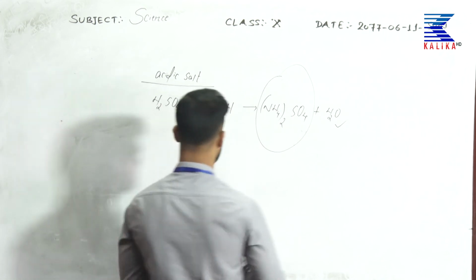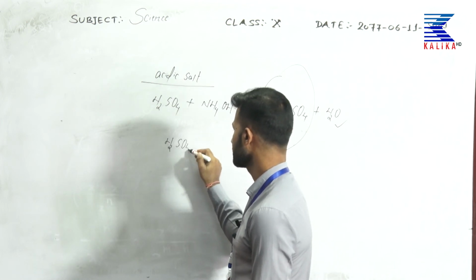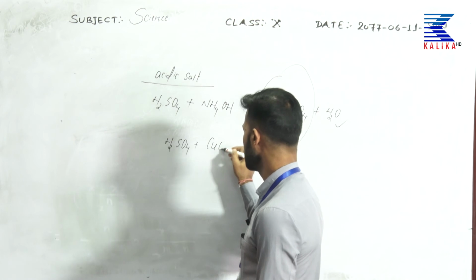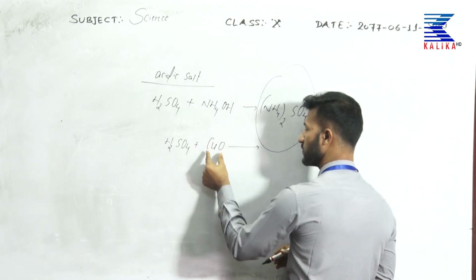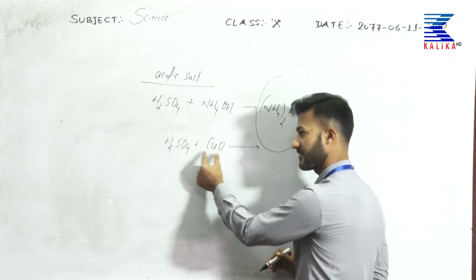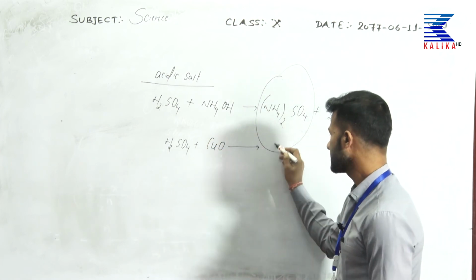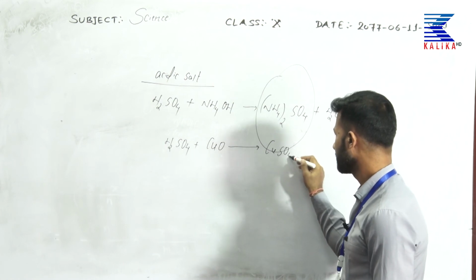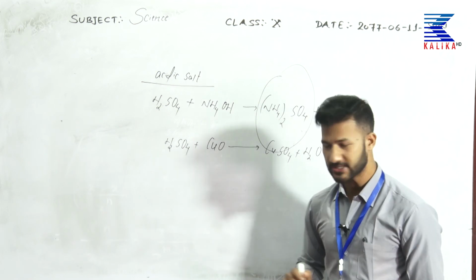One more example, H2SO4 plus CuO. Look at this chemical reaction. Strong acid, weak base means CuSO4 plus H2O. Look at this copper sulfate.